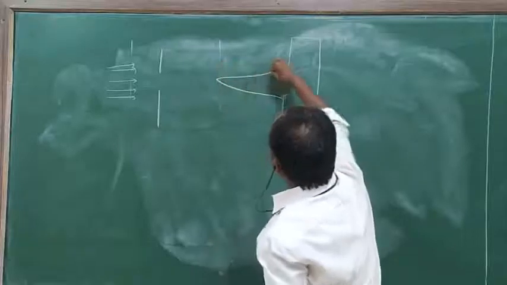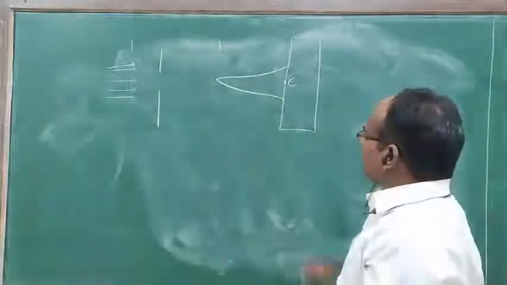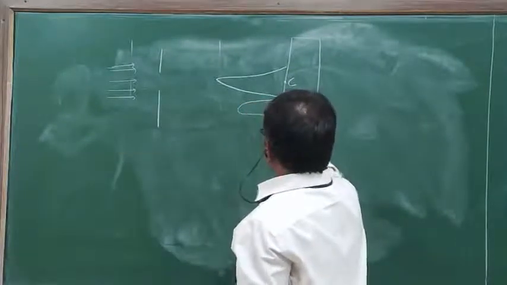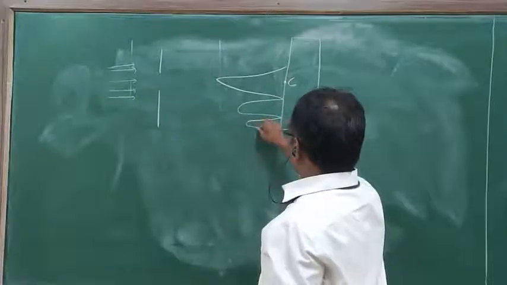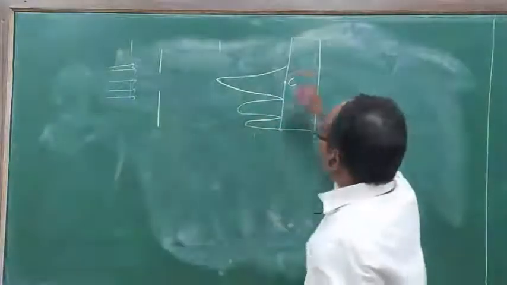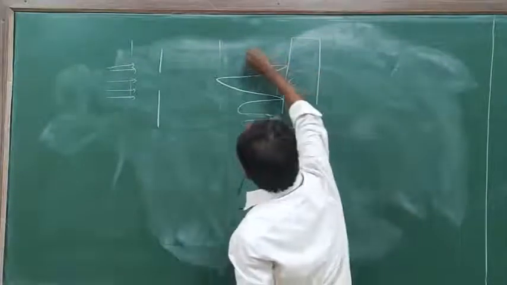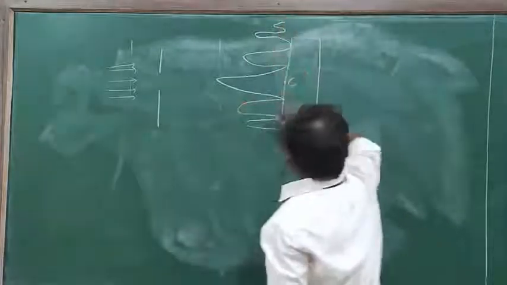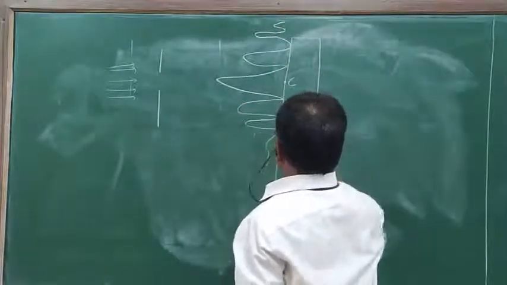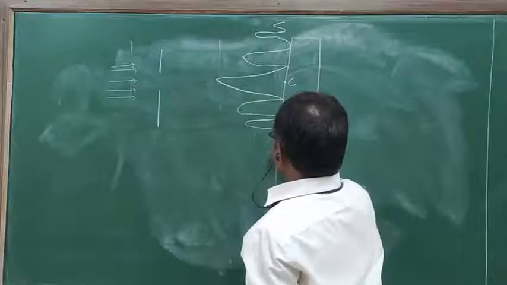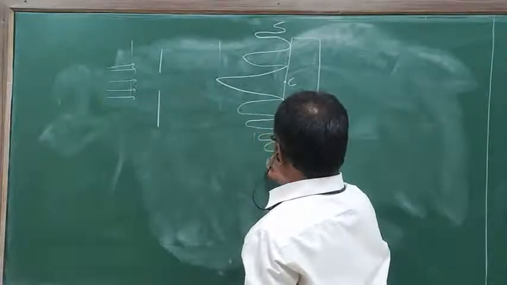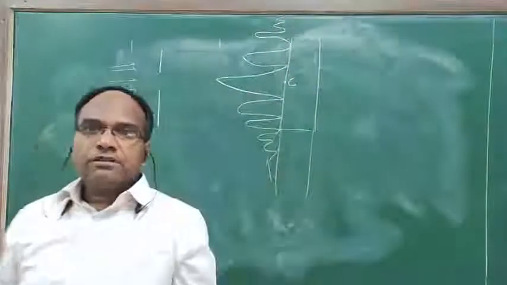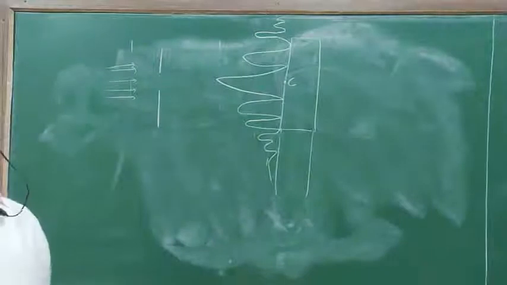Next, 1 by third intensity is like this. 1 by fifth is like this. Next, 1 by third. Next, 1 by fifth like this, and it is decreasing and so on. So this is the graph for the single slit diffraction.